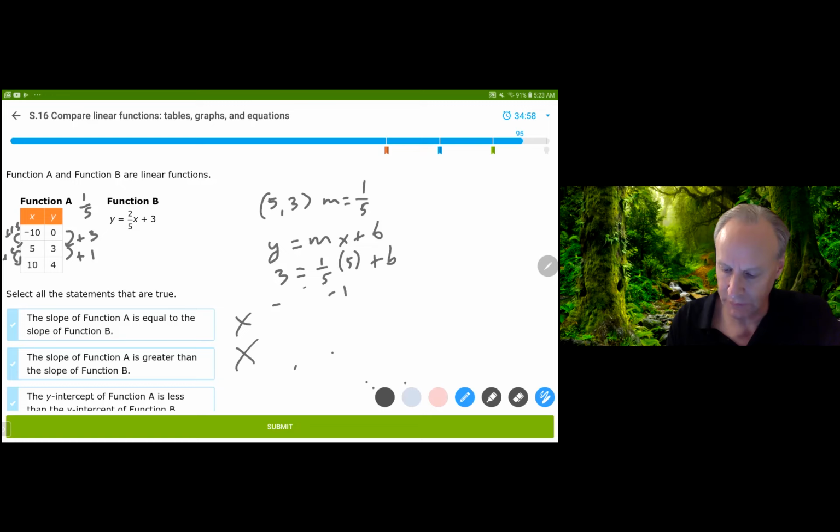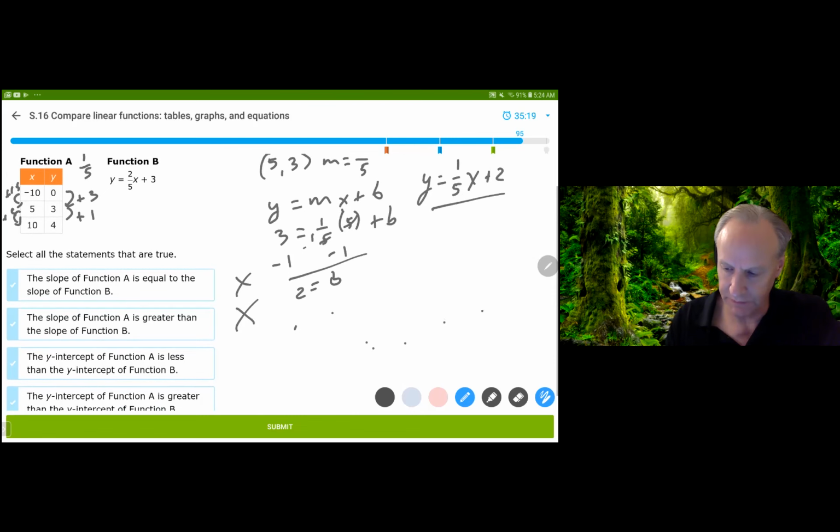I'm going to subtract 1 from both sides, and I get b equal to 2. So my equation for function A is y equals 1/5 x plus 2. We are interested in the y-intercept, which is the 2. And for function B, it's 3.